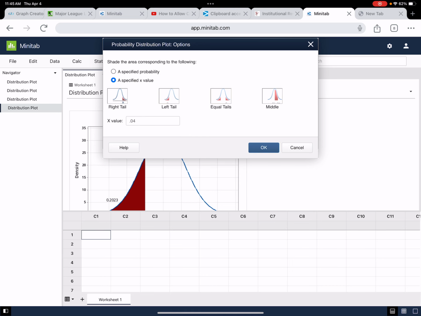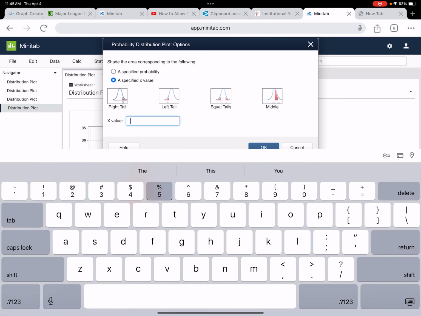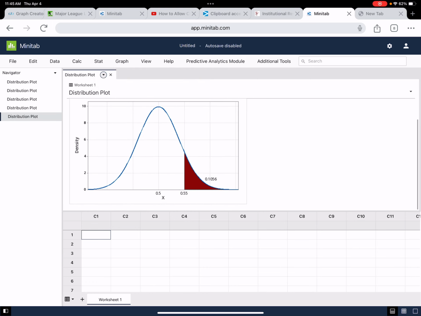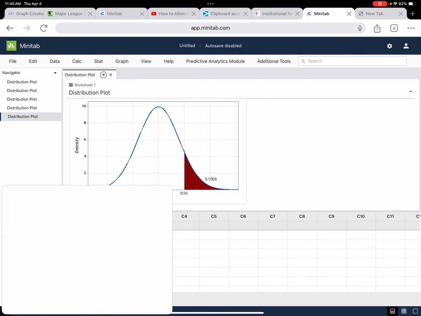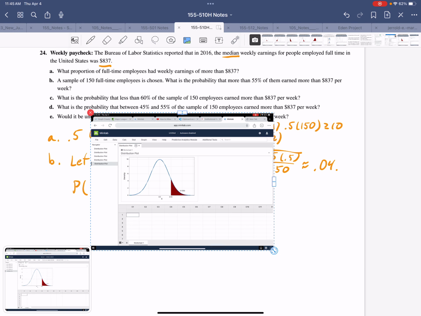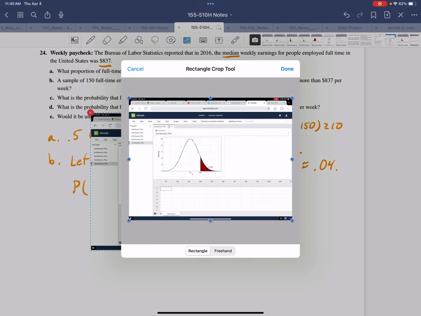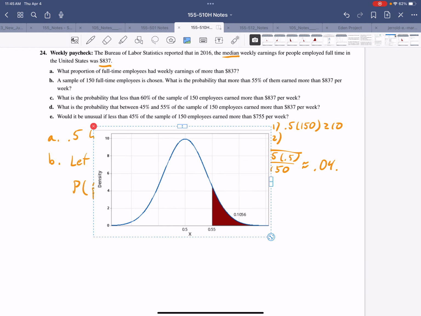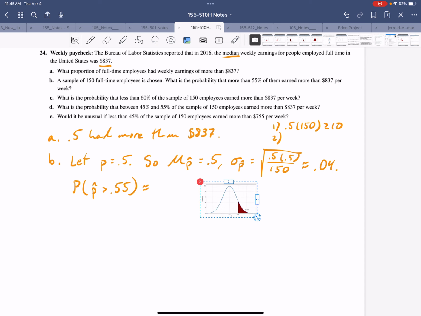We're looking at the right tail, and it's 0.55. Not very high. 0.1056, so about 0.11.